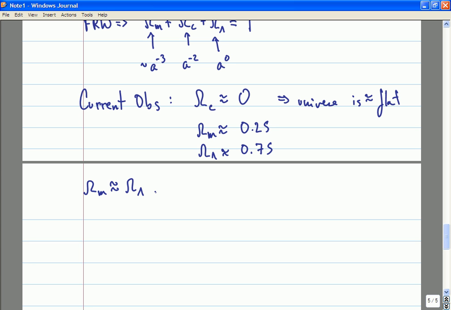Sometimes people give a special name to this remarkable fact. They call this the why now problem. Of all the various different times that we could be here to be measuring the various cosmological constants, why does it happen to be that we are measuring these constants at a time when two of them are of order the same magnitude?